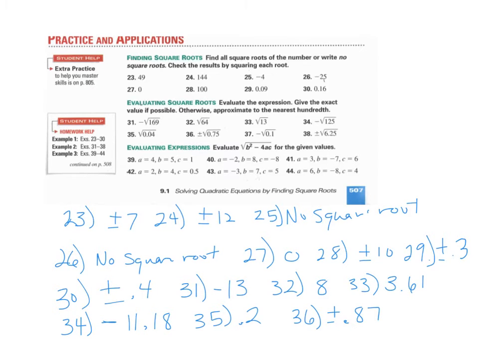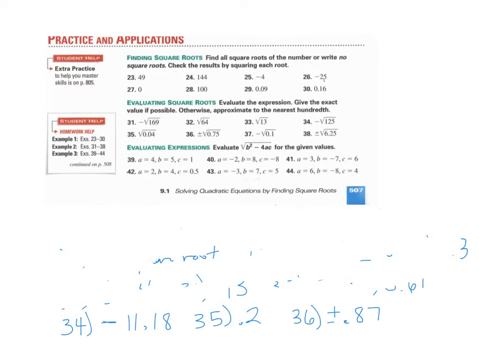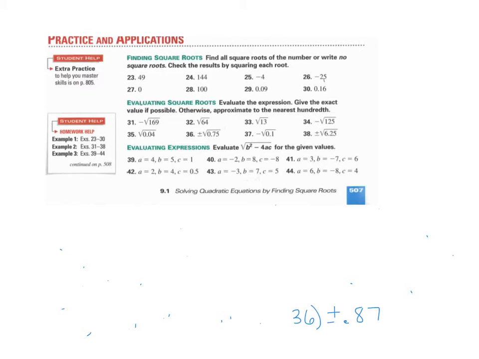Alright, let me make some room here. Alright, number 37. So we're going to have negative square root of 0.1 is going to give me 0.32.